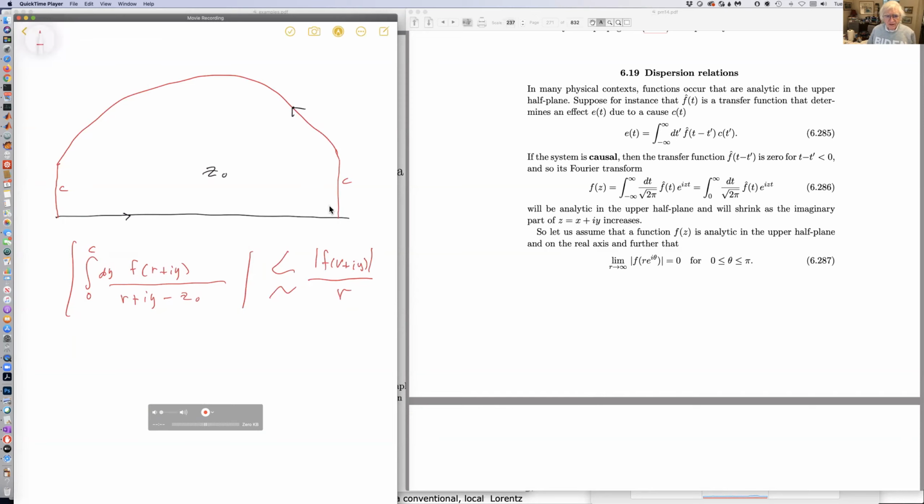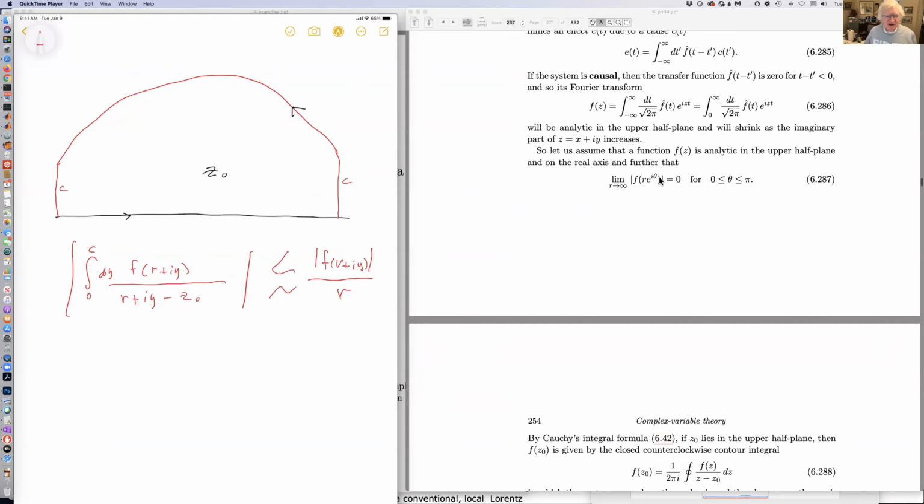But if instead we just assume that at large positive and negative values it goes to a constant, then we get away with these parts. See, the issue here is that the imaginary part of y is not large in this part of the contour. And that's why I did a straight line, which kept us at very large values of r. Or one could just say that this is bounded on the perimeter.